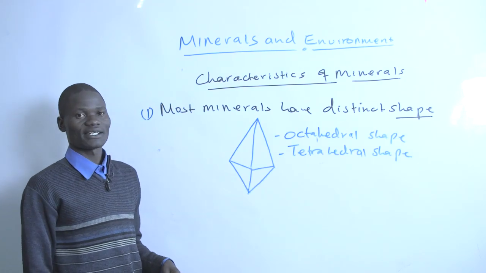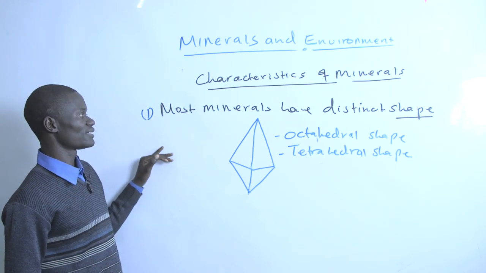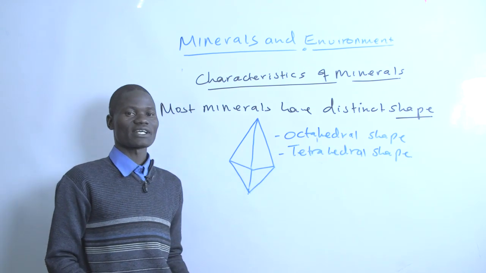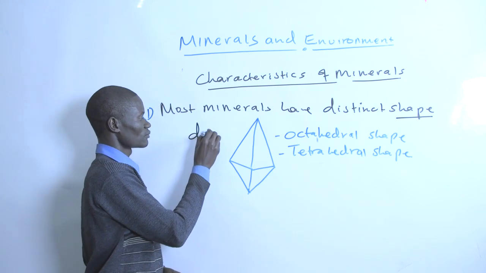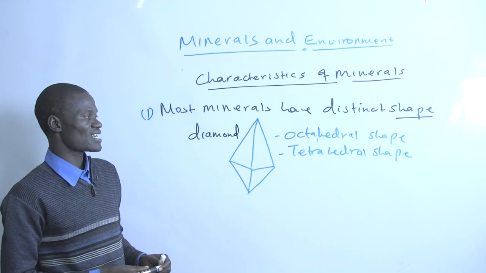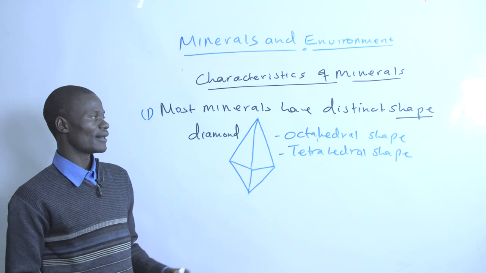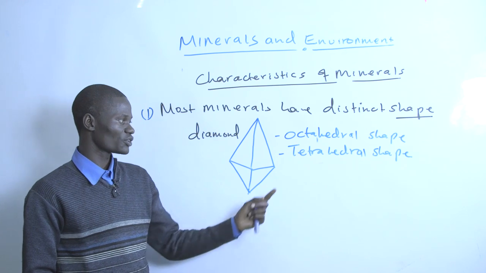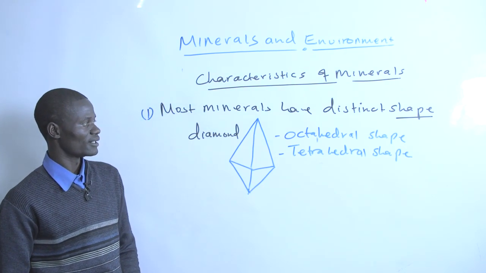We are still looking at the characteristics of minerals, and one of them is that most minerals have a distinct shape. For example, diamond. Diamond is a mineral that has this shape, basically an octahedral shape, and it also carries the tetrahedral shape, that is when it is bonded.